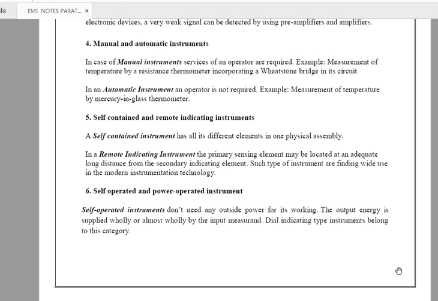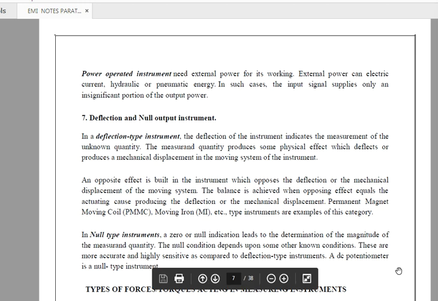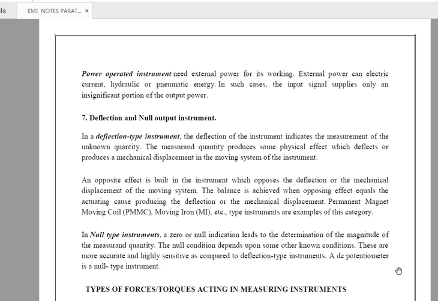A dial indicating instrument is an example of a self-operated instrument. Then we will discuss power-operated instruments. A power-operated instrument means one which needs external power for its working.